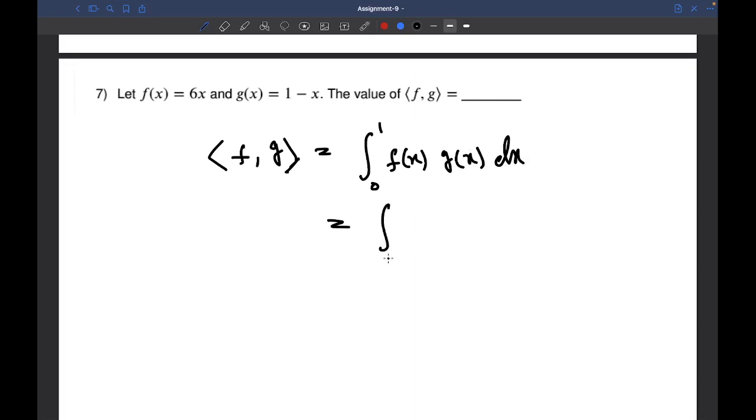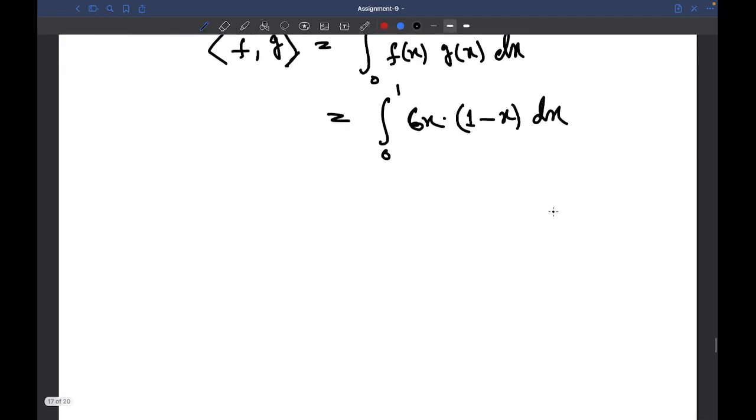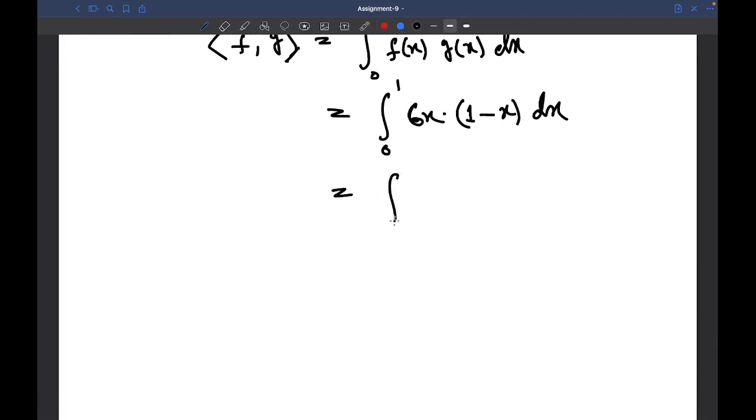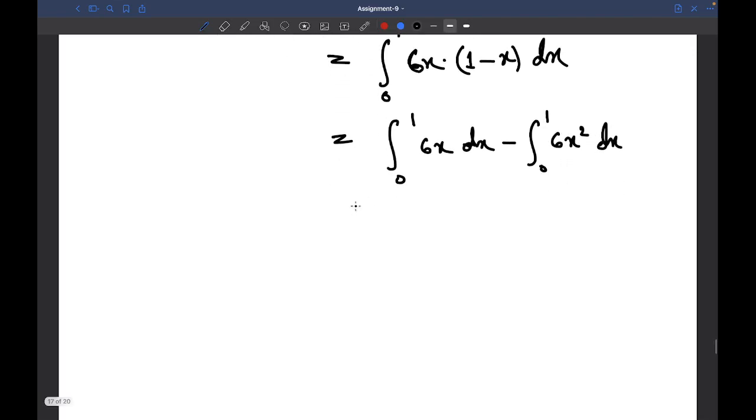So it will be the integral from 0 to 1 of 6x times 1 minus x dx. So this will be the integral of 6x dx minus the integral of 6x squared dx.